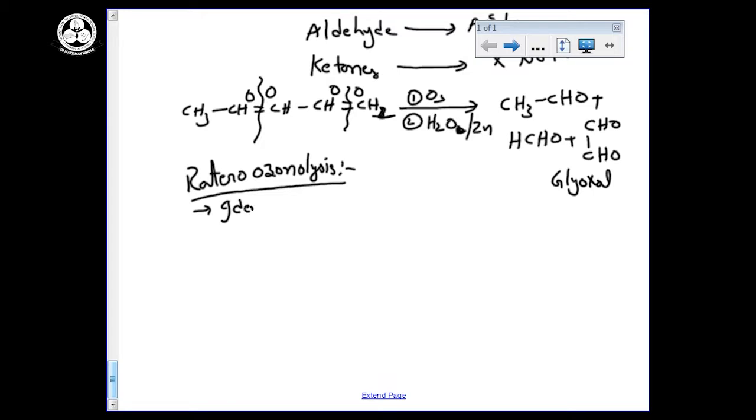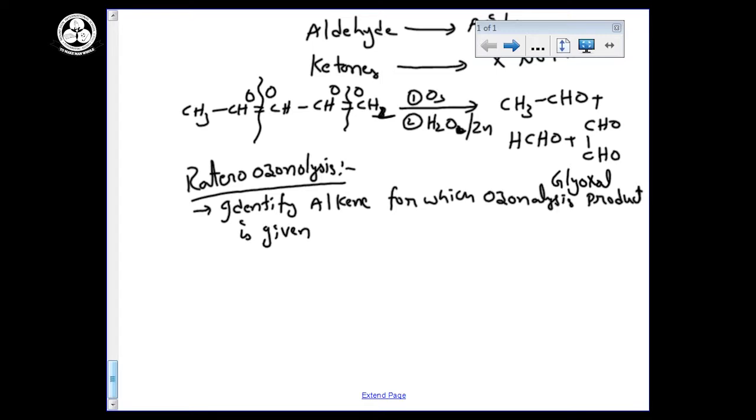If the ozonolysis product is given, how to identify the answer?